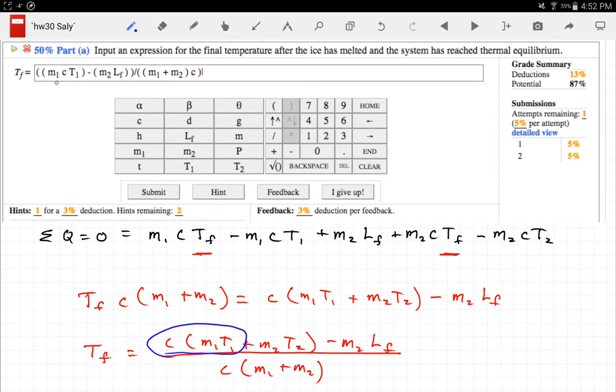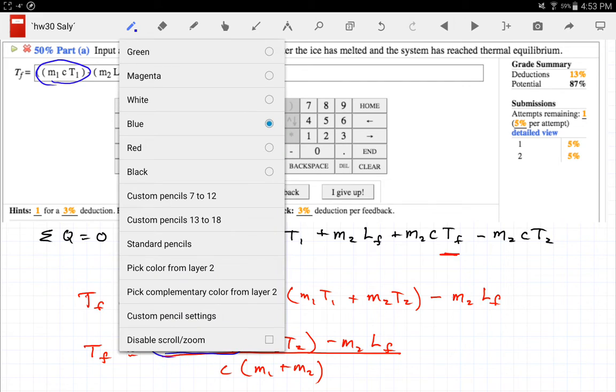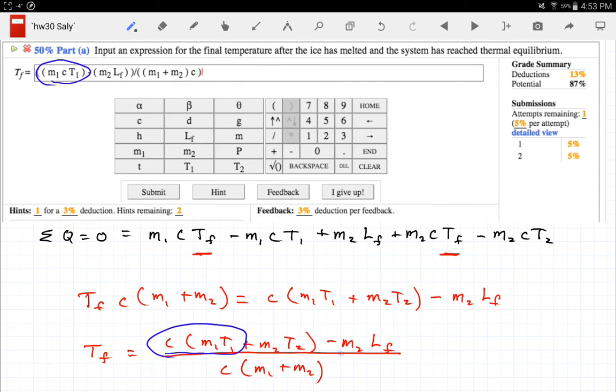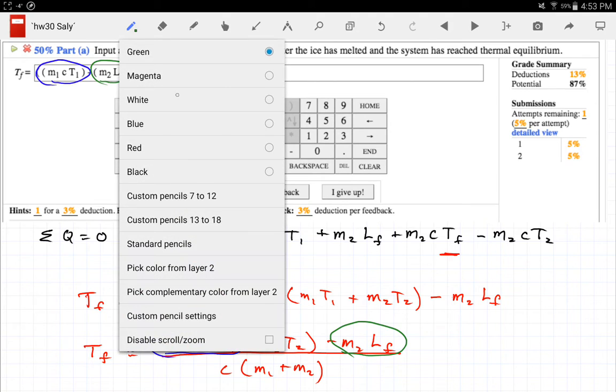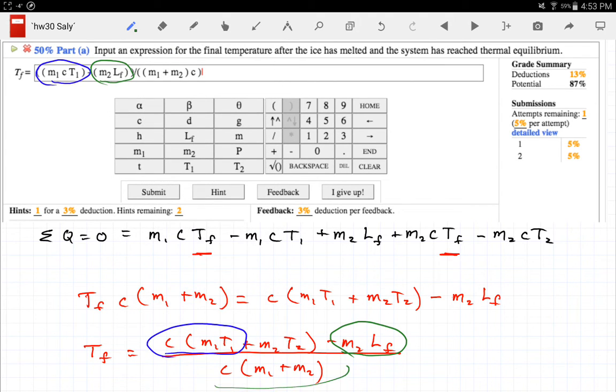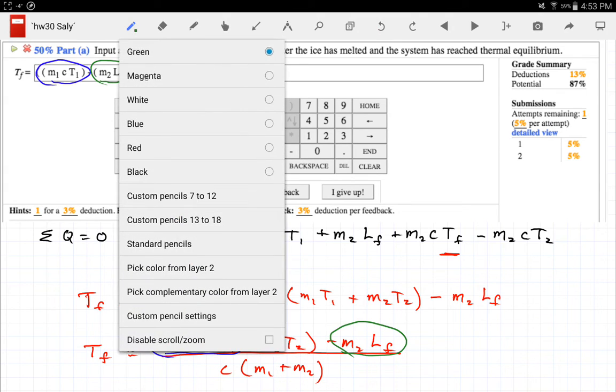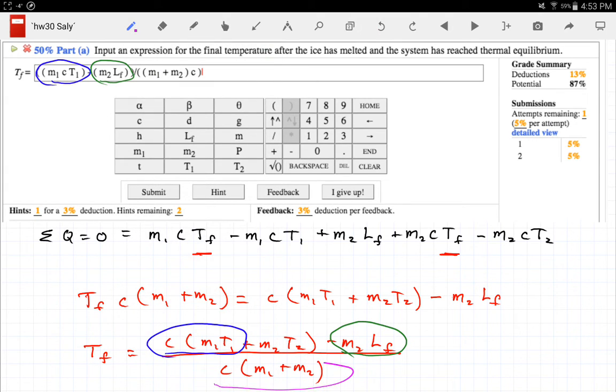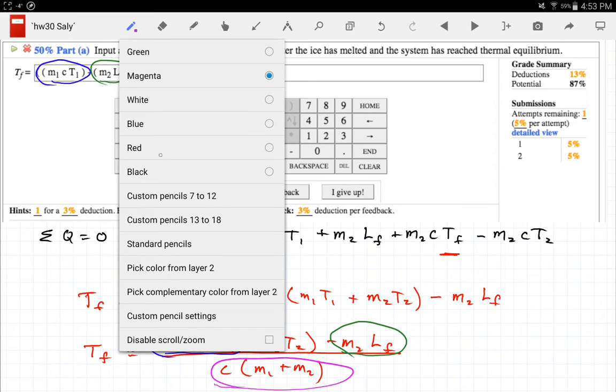This here is right there, and this here is right there, and of course the denominator is exactly the same. That's supposed to be a different color, sorry. The denominator is exactly the same, but I think you can see that you are missing the black term.